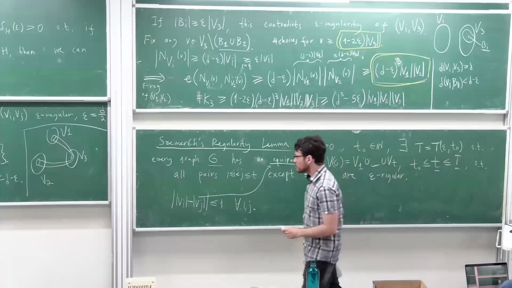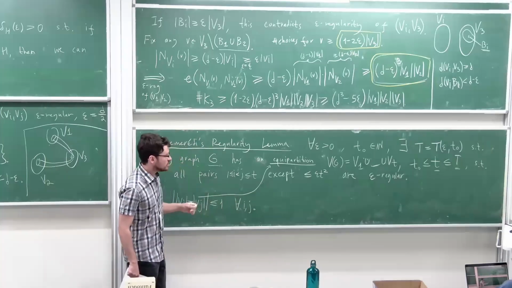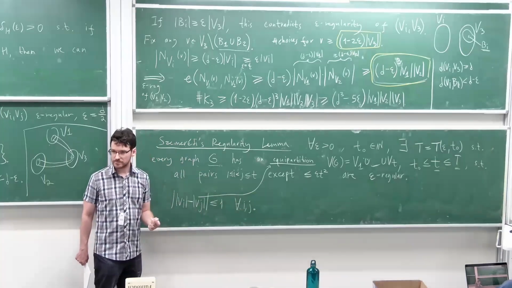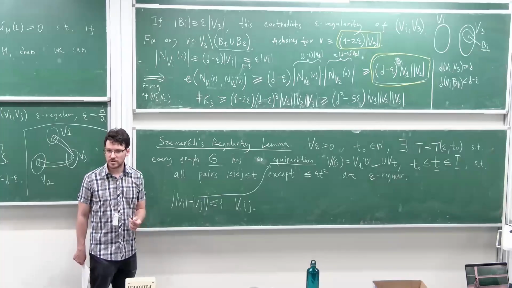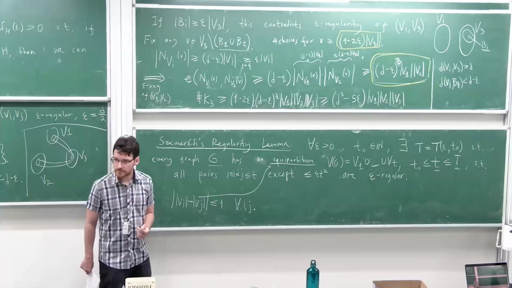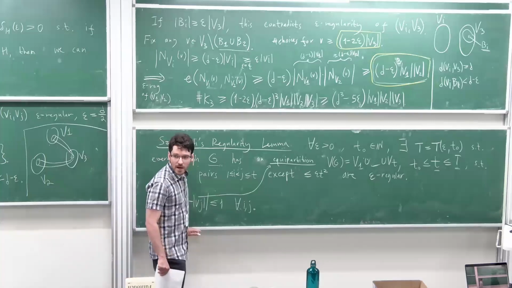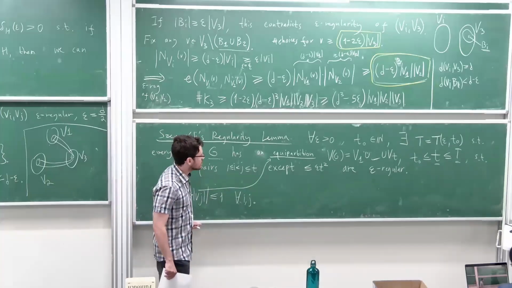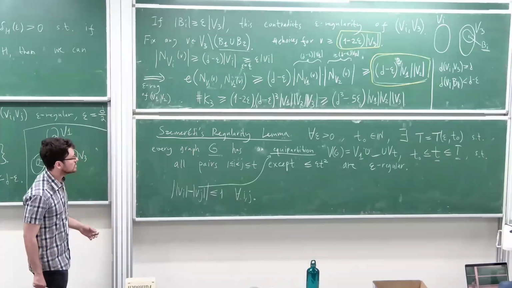And the main property that we get is that almost all of the pairs Vi, Vj are epsilon regular. Questions about the statement? So I will not prove this because I want to give you a sketch of how this is proved, and I'll skip some of the key details.